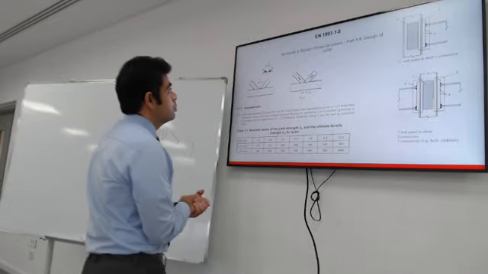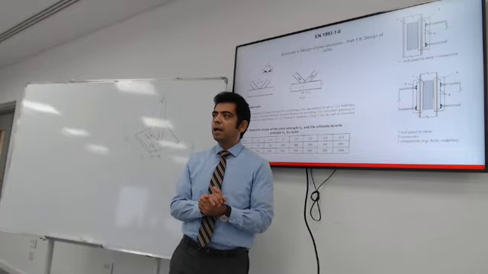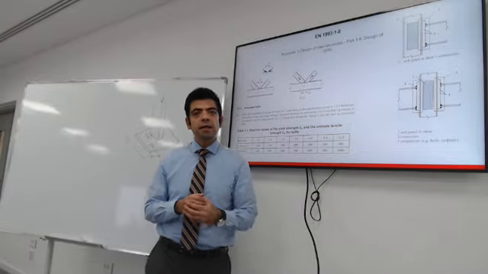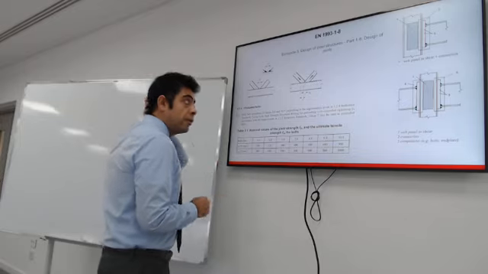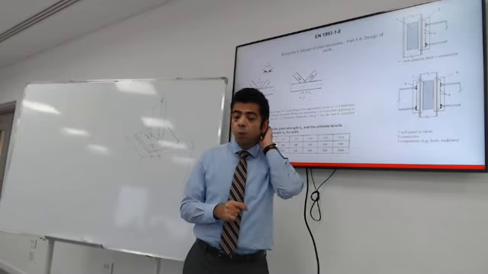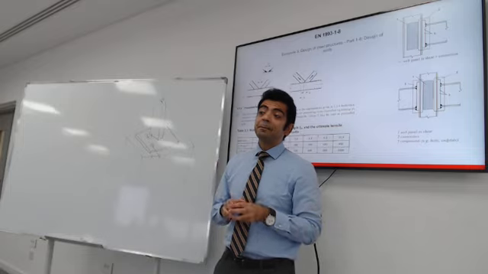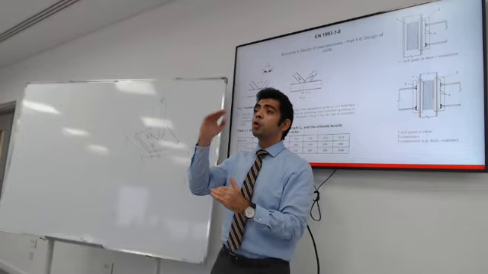I want to walk you briefly through how to design a connection, and then we can do the example in the tutorial. The Eurocode has a very interesting way of sorting out the content.